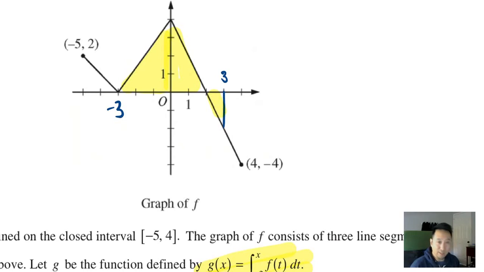Now you notice that this region from 2 to 3 is underneath the x-axis. So this is going to give you a quote-unquote negative area. Again, we're doing straight integration. You can get negative values.